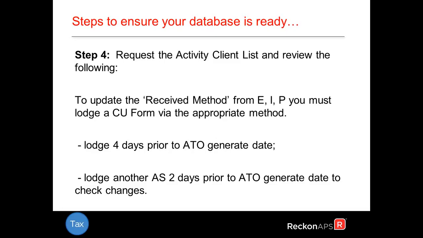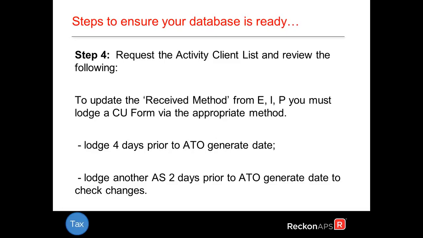So for example, if you find that there's a number of clients that have switched from a paper form to an electronic form, that's the opportunity to lodge a CU form and get that changed back to paper. Okay? And the whole idea is to get this report as close as you can to the generate date, but obviously allowing 24 to 48 hours for that report to come back, and then allowing sufficient time for the practice to go through and make the relevant changes they need to make.